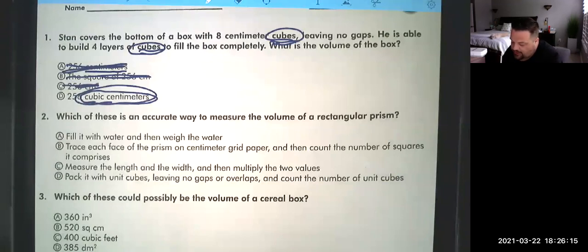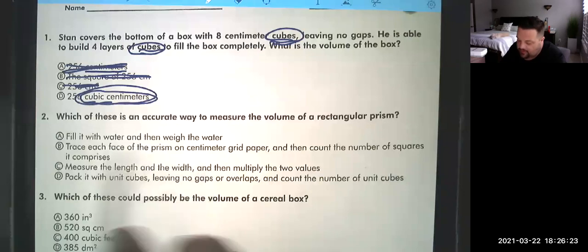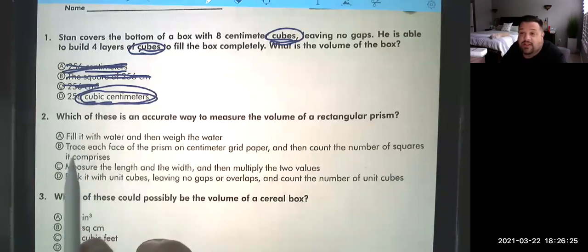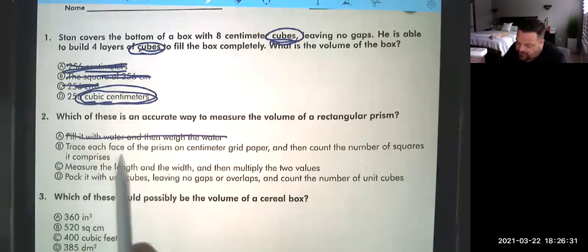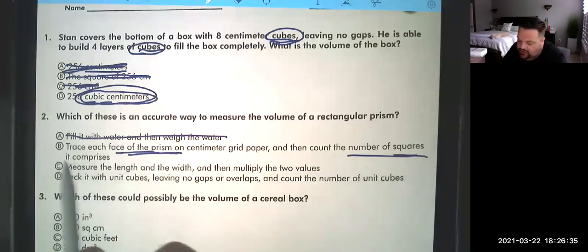Okay, measuring the volume, right? Well, if you fill it with water and then weigh it, that doesn't really have anything to do with the volume. Now, the water filling it would be volume, but weighing the water is really not going to tell you anything. So it can't be A. Trace the face of the prism and then count the number of squares. You could get tricked by that.